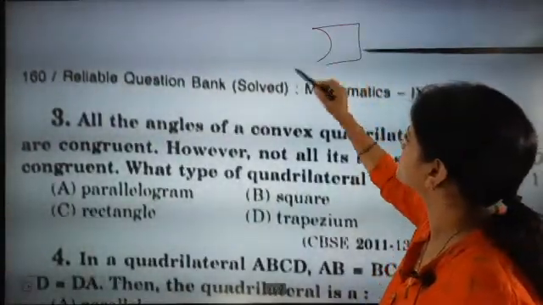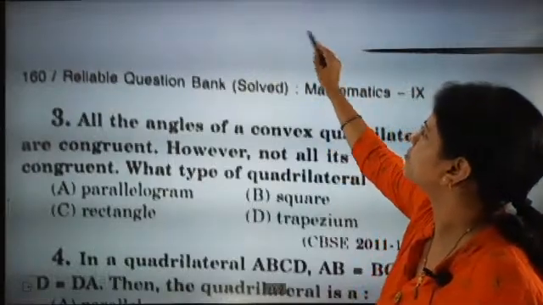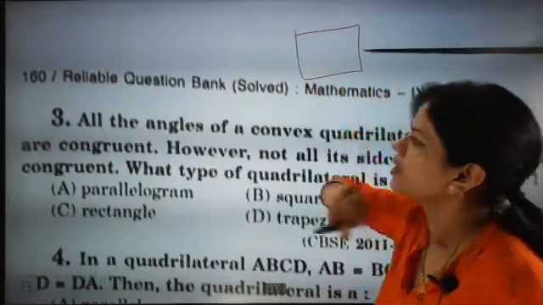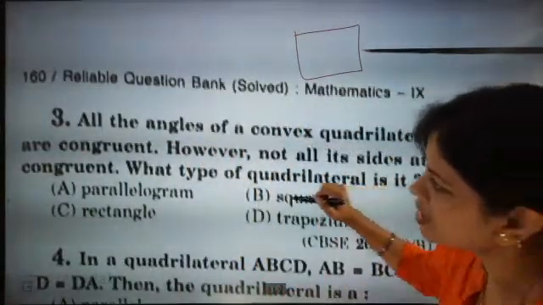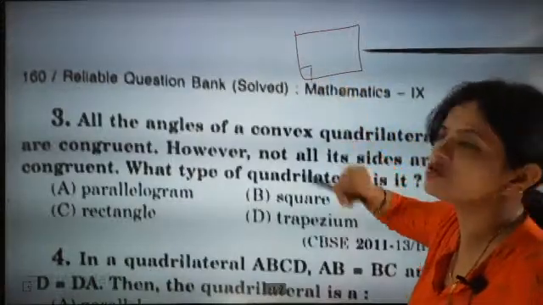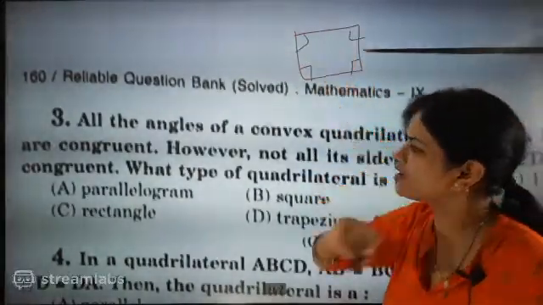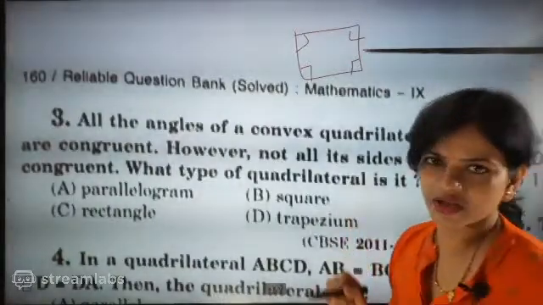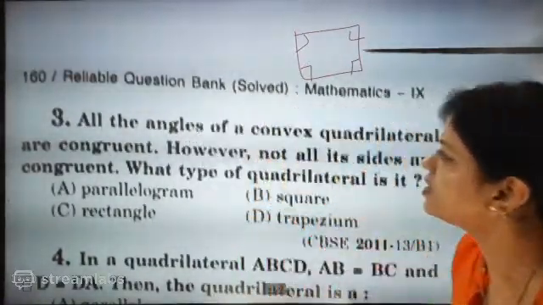Concave part like this will be there, but when convex, it will be a complete enclosed figure. So all angles of a convex quadrilateral are equal.